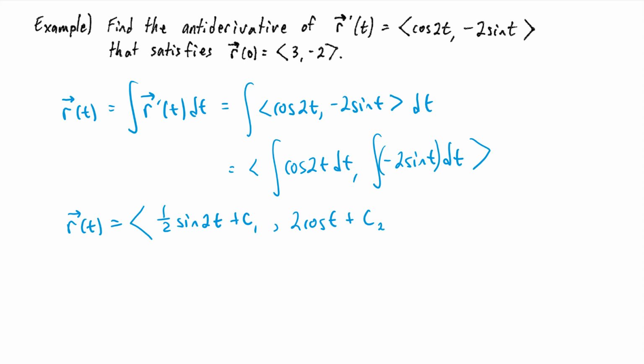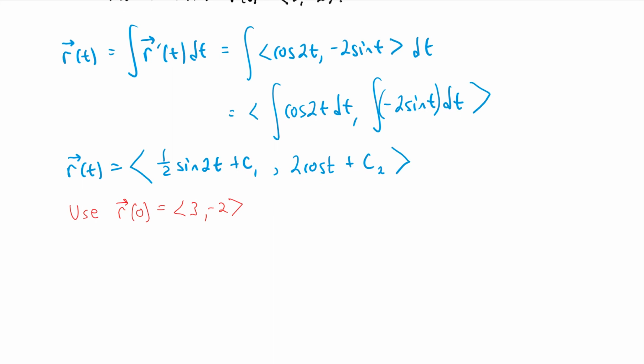It's a goofy looking t, isn't it? But we had an initial condition, so now we want to use the fact that if you plug in 0, the output should be 3, -2. So let's go do that. So I should get 3 when I plug in 0 here.